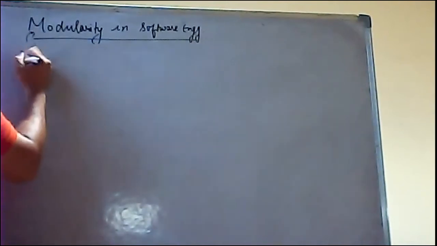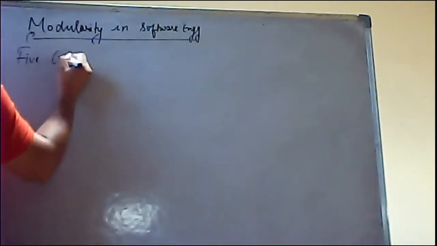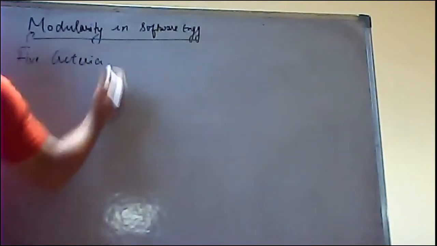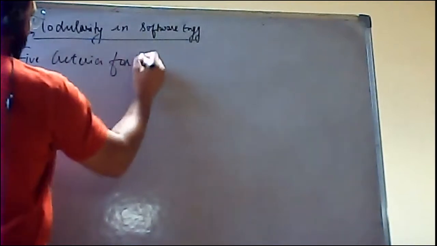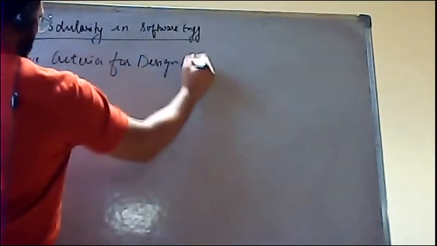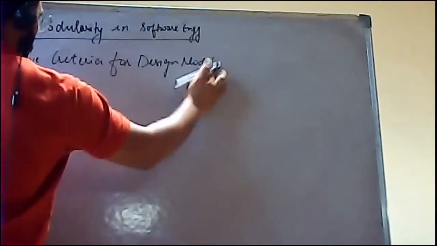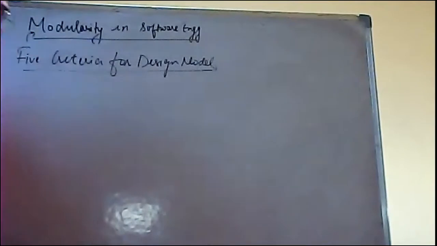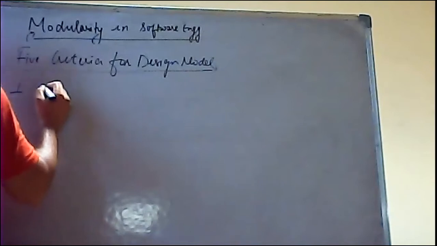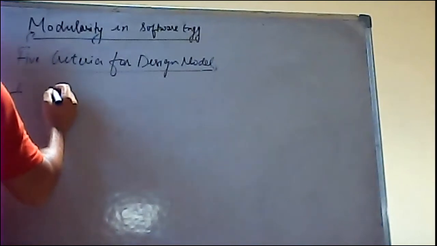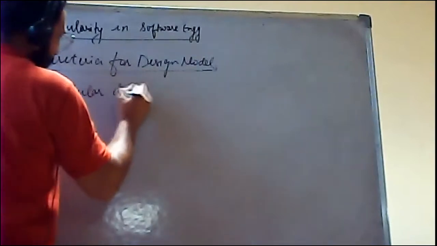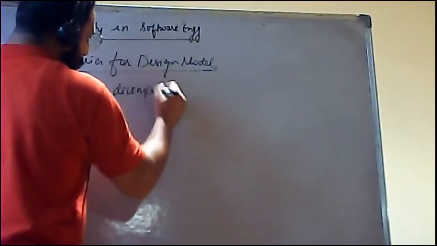Okay, next we will study five criteria for designing a module. The first criterion is modular decomposition.